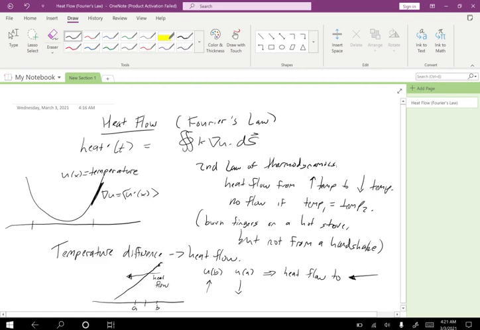Right? So if we now let A approach B, what this is really saying is that U prime of x, if that thing is positive, that implies leftward heat flow.